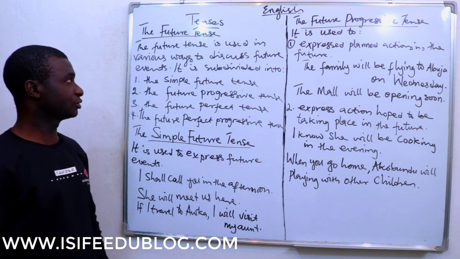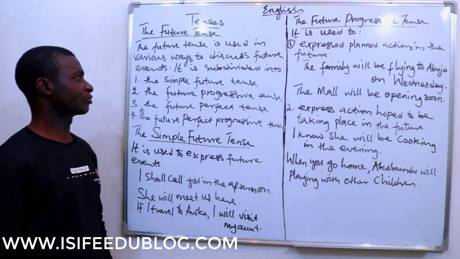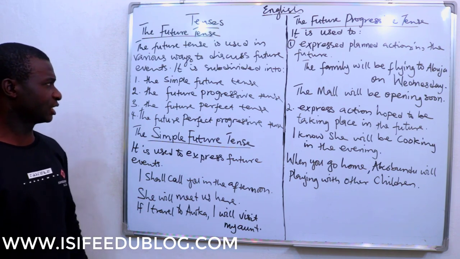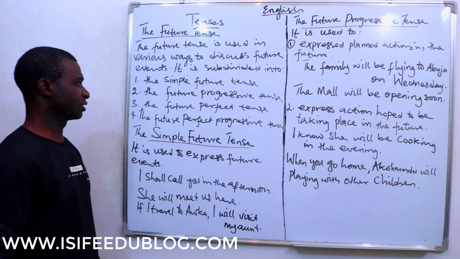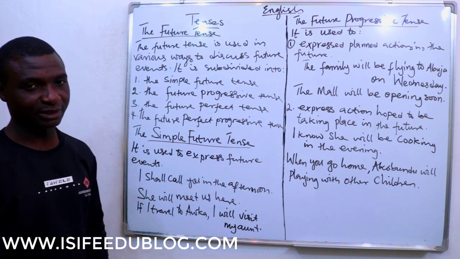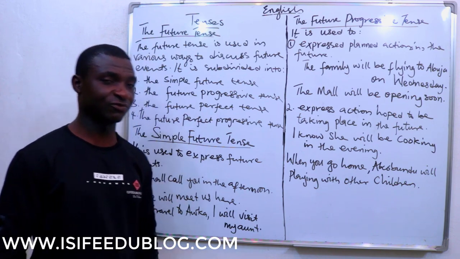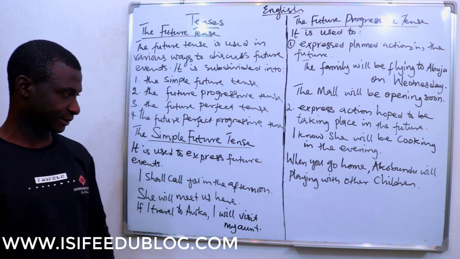It is subdivided into 1, the simple future tense, 2, the future progressive tense, 3, the future perfect tense, and 4, the future perfect progressive tense.